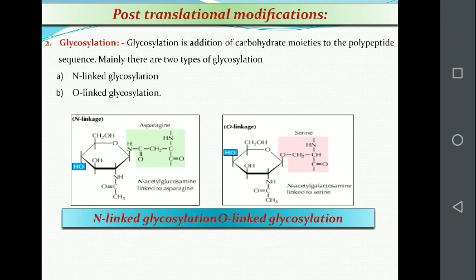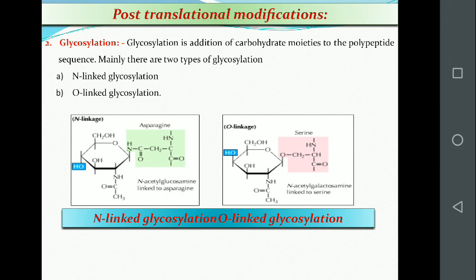So in glycosylation, this is a very important modification for the targeting of proteins to their target sites. Once the proteins are synthesized inside the cytosol, they must be targeted to different cell organelles, or otherwise they must be targeted to different organs through the circulation.